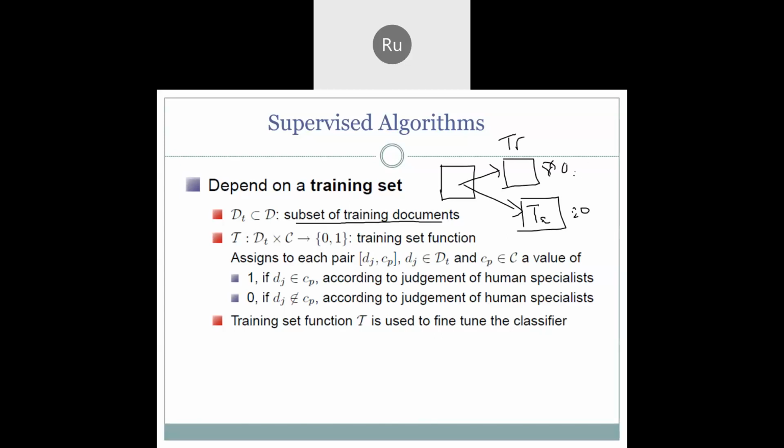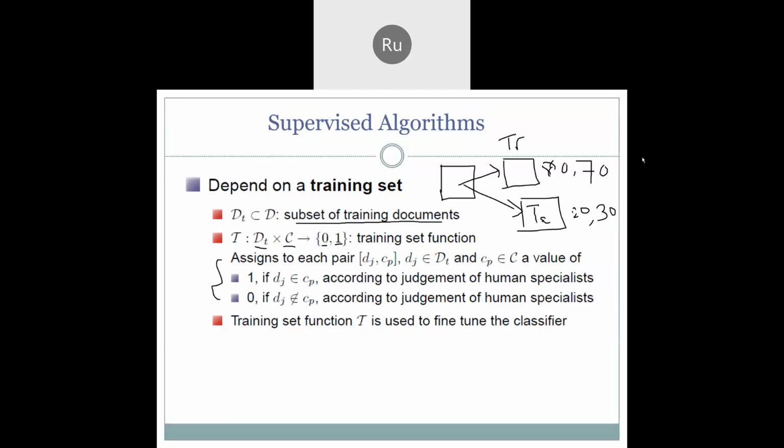So maybe you also need to look at what if you split the data into 30, 70%. Okay. So in the modeling, in the training, you want to map the document into the classes. So if they belong to that class, then you will assign them to one, otherwise zero. Okay, so this is the whole idea here.